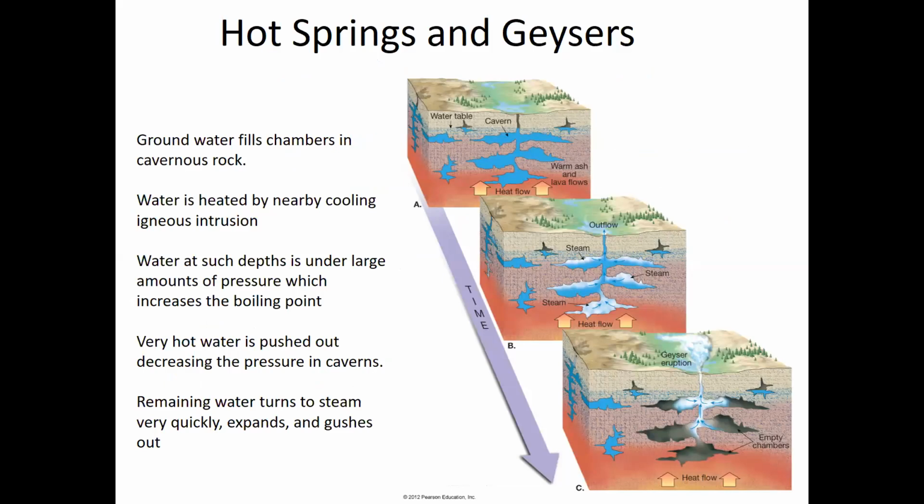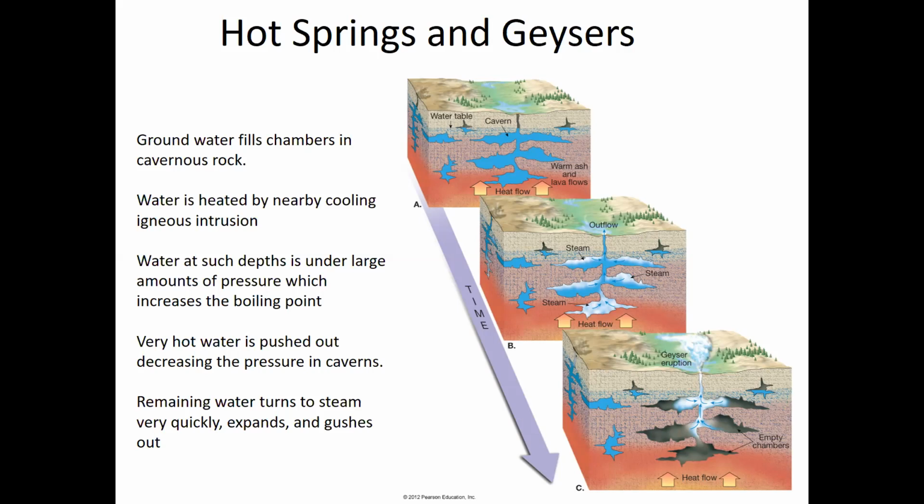Now, geysers form whenever there's a cavern, which we'll learn about, or empty spaces beneath the surface. The cavern fills up with water, and then there's a heat source, maybe a nearby igneous intrusion, that heats up this water. But because it's underneath the ground, this water is pressurized, and so the water has to be heated above the boiling point before any steam starts to form.